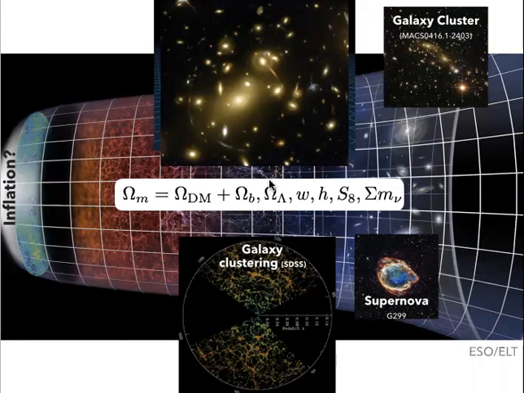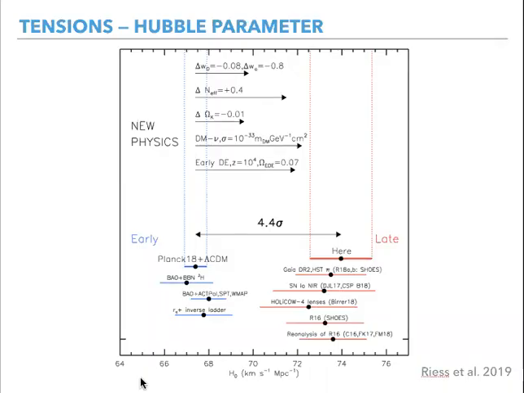So with those probes, we can put constraints on the cosmological models, mainly characterized by the cosmological parameters shown here. However, tensions exist when we compare the constraints from the early universe and the measurements from the local universe.